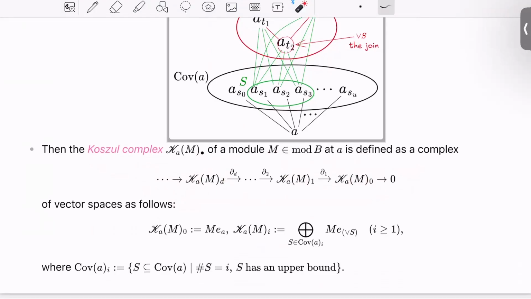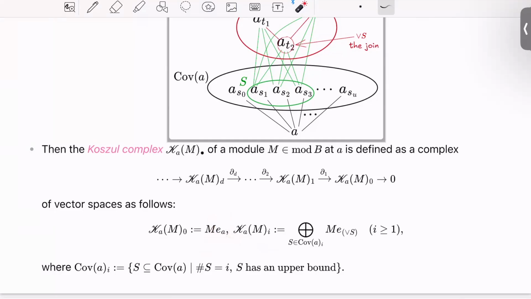Here, in the zero case, K0 is just M_A, usually written as a representation of P. But we are now dealing with a right B-module.